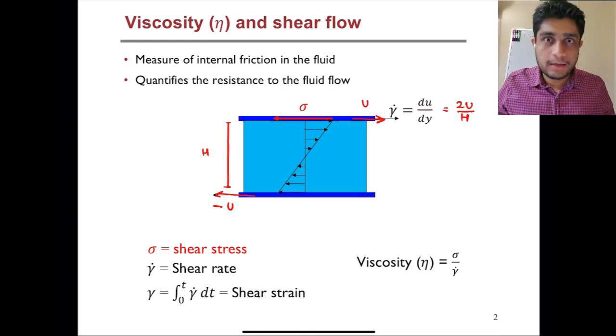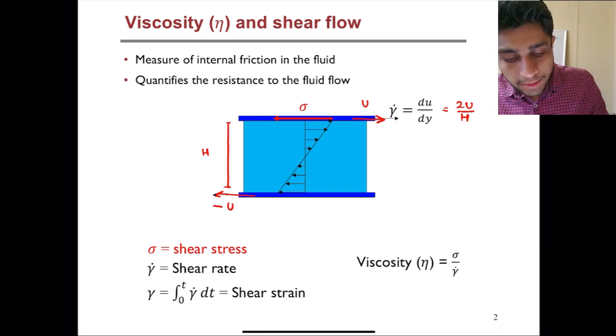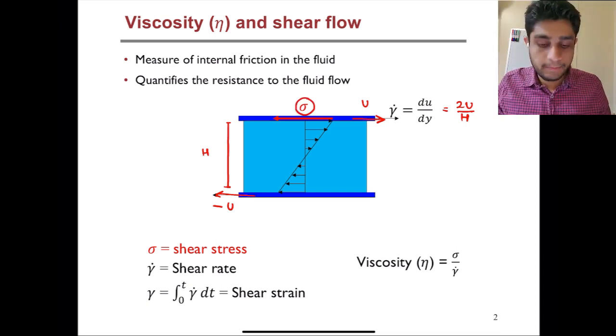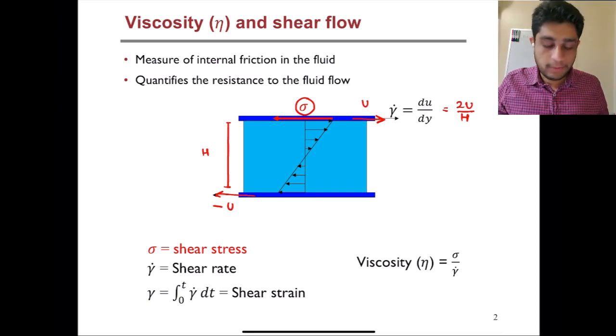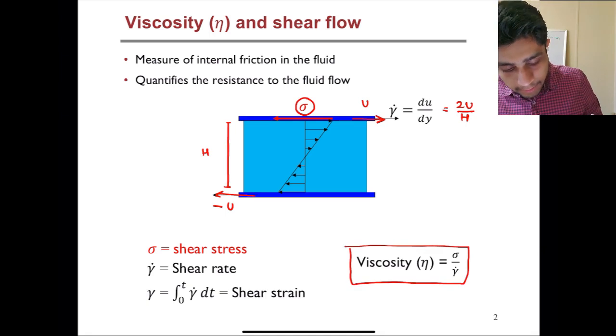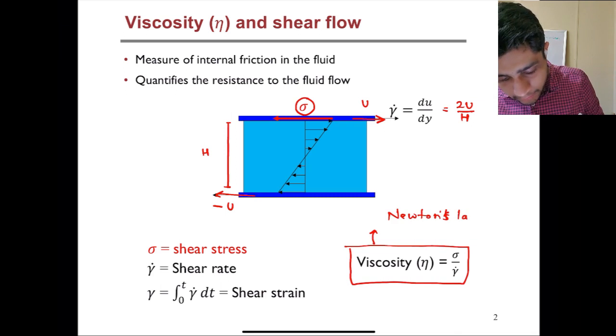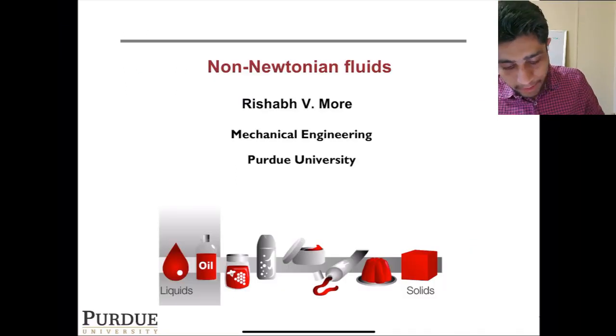Since we are applying a shear rate, we are shearing the fluid. That means there will be shear stresses generated in this fluid, and if this fluid is Newtonian, then Newton's law of viscosity tells us that the viscosity of this fluid is the simple ratio of the shear stress in the fluid to the applied shear rate.